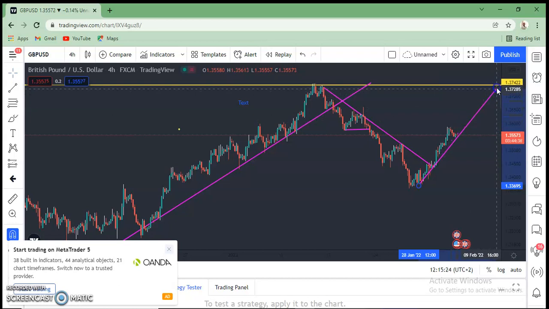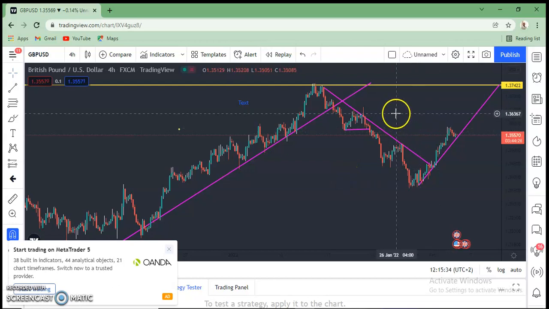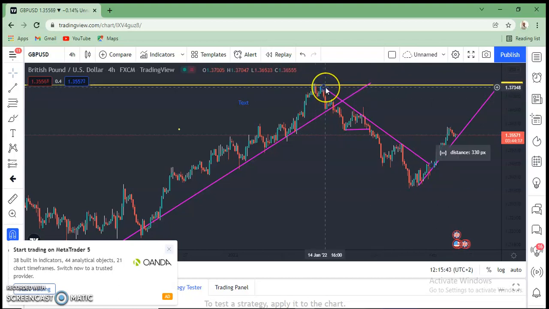For instance, this market might go all the way to this resistance here, to this high peak, the previous high level here.